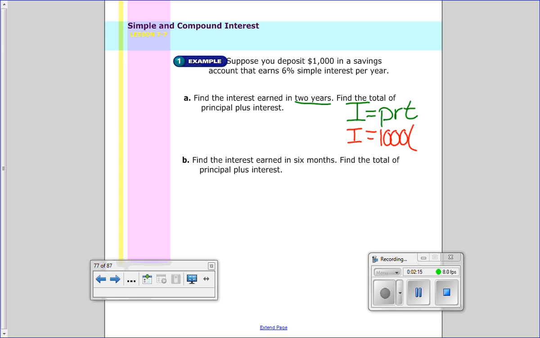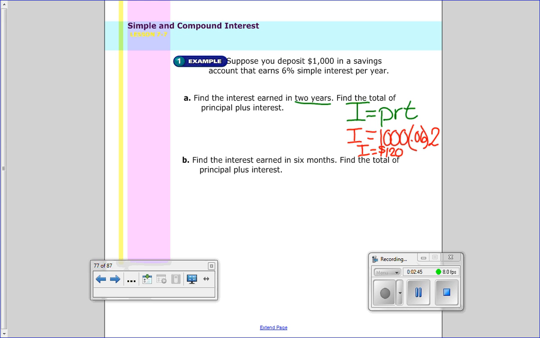Our interest rate is 6%, but again, we can divide that by 100 to get a decimal, so 6/100ths, and our time is 2 years. So if you multiply these out, 1,000 times 6/100ths times 2, we find out that you earn interest of $120. So that's how much money or free money you basically get for lending this money to the bank.